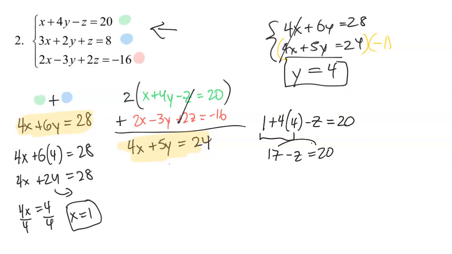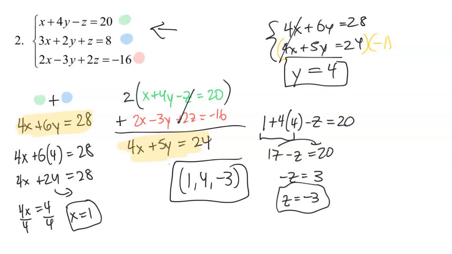Go ahead and subtract your 17 to the other side. Don't forget to bring down your negative. Negative z is equal to positive 3, so that positive z is equal to negative 3. For this system of equations, we have the ordered triple solution 1, 4, -3. Remember that we write these in x, y, and z order.